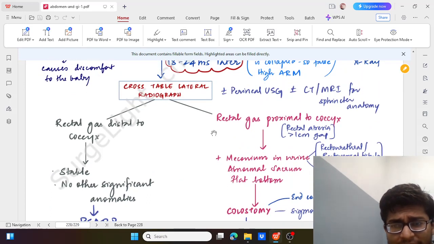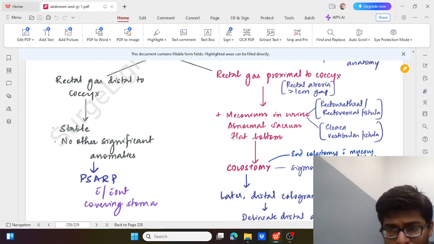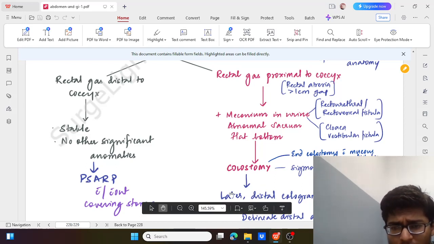If there is rectal gas proximal to the coccyx, so it is above, rectal atresia with more than 1 centimeter gap, presence of meconium in urine, that is rectourethral or rectovesical fistula, anomaly of sacrum or flat bottom, or there could even be vestibular fistula, then we go for colostomy, that is end colostomy with mucous fistula, in the sigmoid or descending colon.